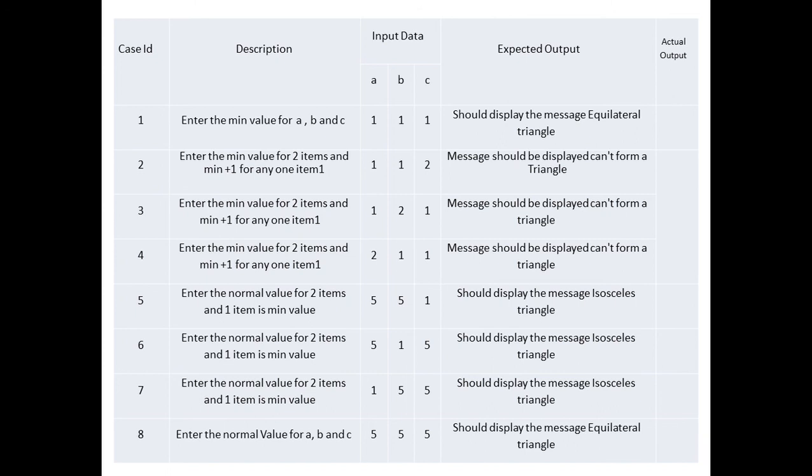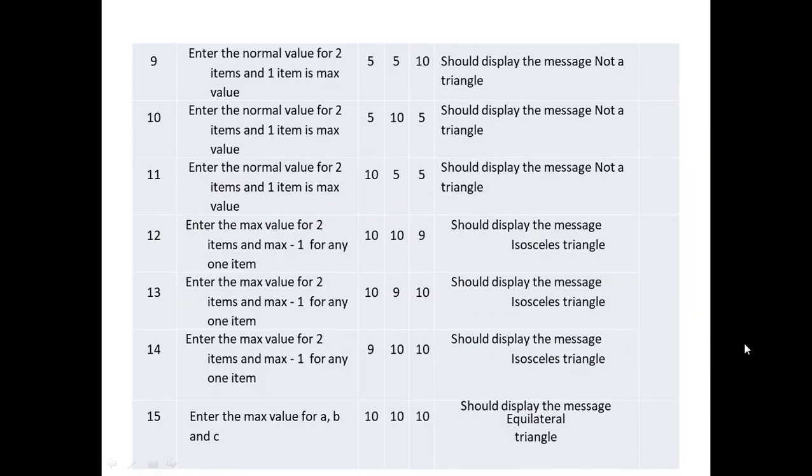Like that again, minimum plus one, nominal, minimum plus, max minus, minimum plus, maximum. Next, nominal with minimum, nominal with minimum plus, nominal with max minus, nominal with maximum. So like that, you have to do all possible combinations of those five values, the boundary values, and should write the test cases.